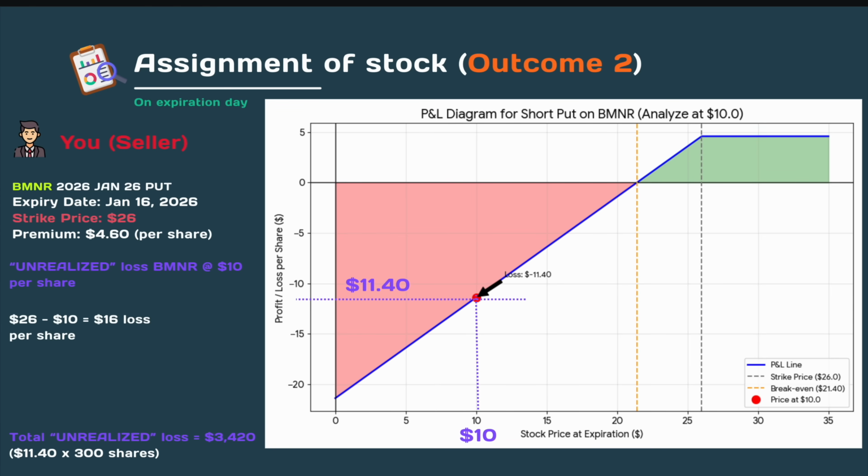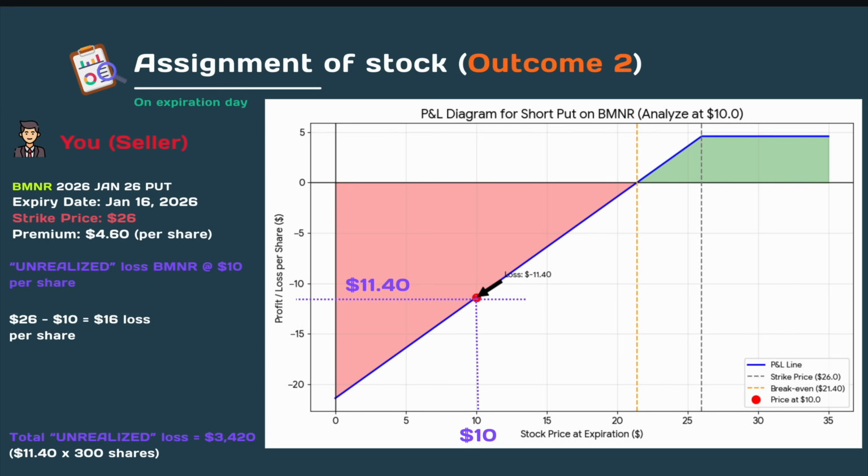So remembering our mental math, the strike price is $26. If we are going under $26, for every single dollar that the stock price trades under $26, we're losing money as a seller. So from $26 to $10 is a vertical drop of a $16 loss per share if we didn't collect any premium.